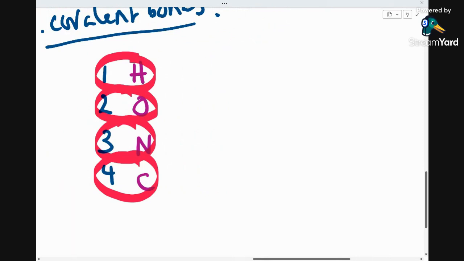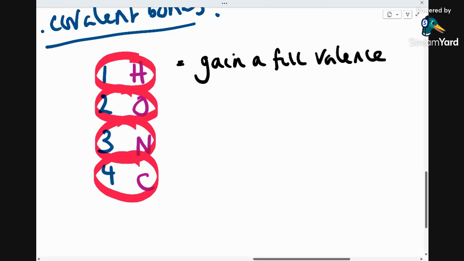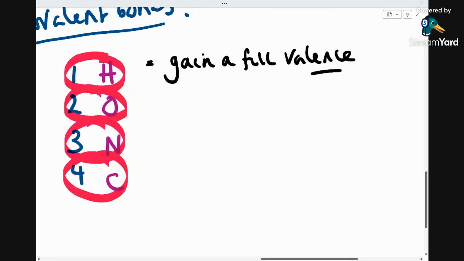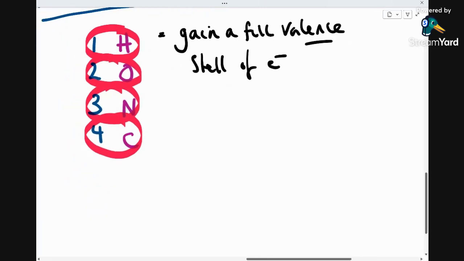The reason is to gain a full outer shell. The posh word for outer shell is the valence shell of electrons. So we'll use oxygen because it's an important example.